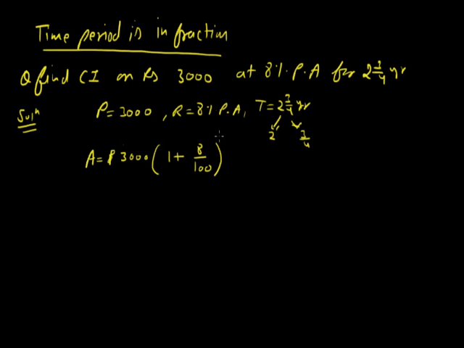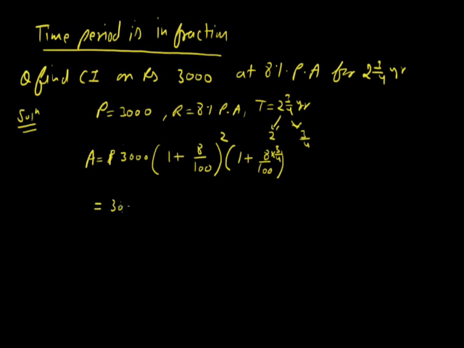Here for t we write only the whole part, that is 2. Again we write 1 plus r/100, and here we multiply r with the fraction part, that is 3/4. What we do? We write 1 plus r/100 two times. In the first part we apply the power t equal to 2, the whole part, and in the second 1 plus r/100 we multiply r with the fraction part. So in this way we can do this problem.